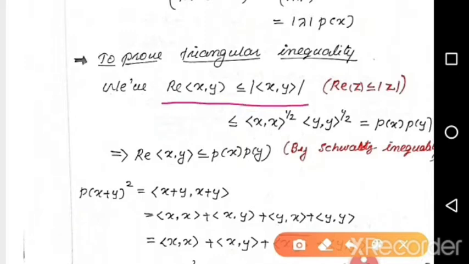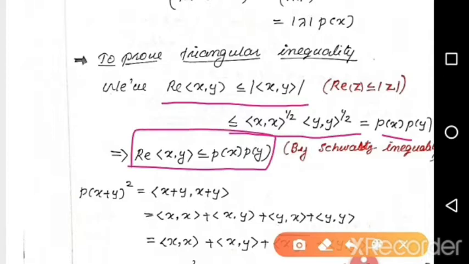And by Schwarz's inequality, it is less than or equal to inner product of x comma x raised to half into inner product of y comma y raised to half, that is, P of x into P of y. That is, we require this inequality, real part of inner product of xy less than or equal to P of x into P of y, to prove our triangular inequality.